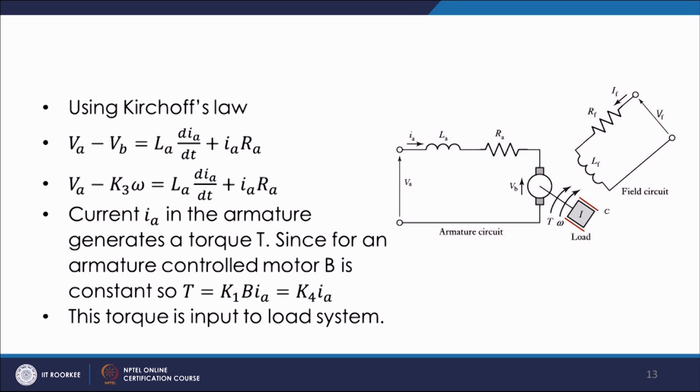Now, here you see VA is known to us, it is the one which we are going to apply, and VB we have just found out as K3 into omega, assuming B as constant, okay. So, here this is K3 omega and this is LA dIA by dt plus IA RA, okay.